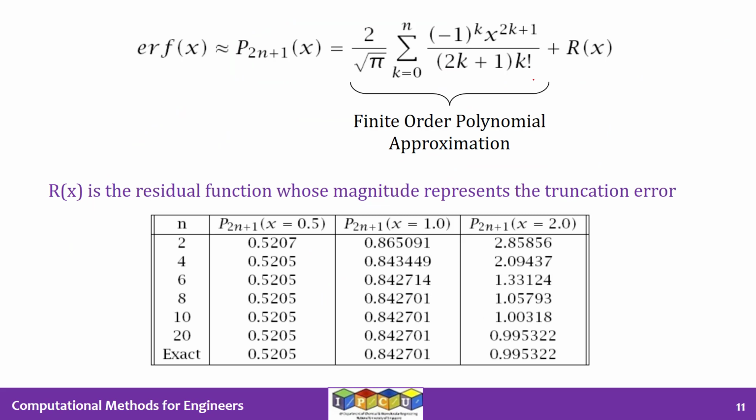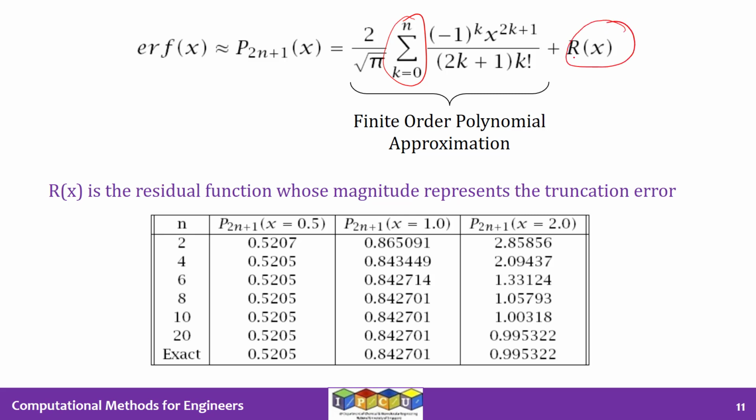Next, what we do is, instead of expressing ERF of x as the sum of an infinite series, I'm willing to take an approximation. I would like to go only from k is equal to 0 to n, and from k is equal to n plus 1 till k is equal to infinity, I'm just going to sum all of them up and put it in this term r of x.